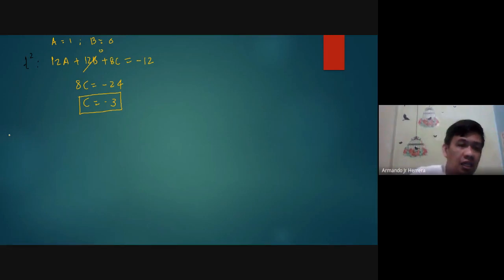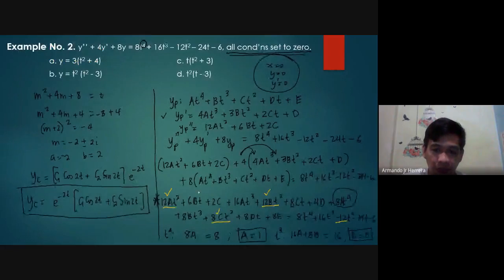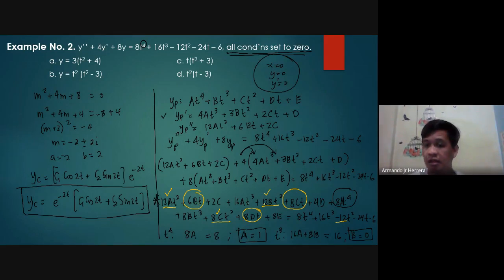So t naman. Lahat ng may t, bilugan. 6bt, 8ct, 8dt. And then you have negative 24t.